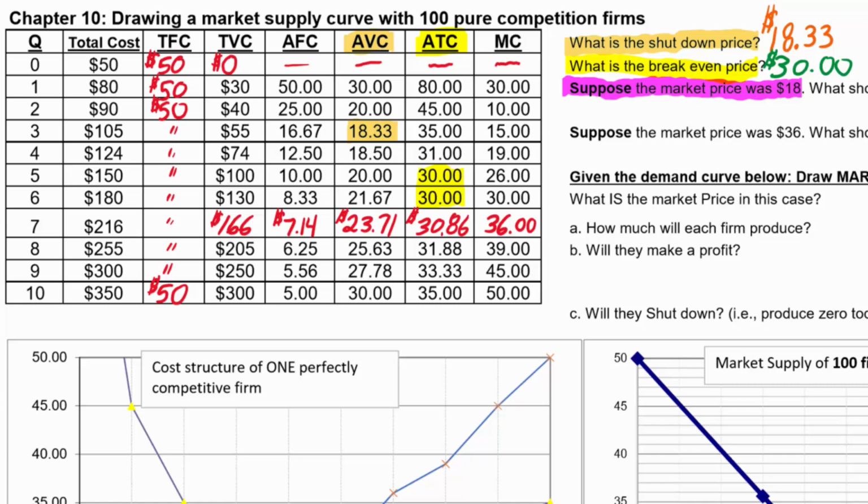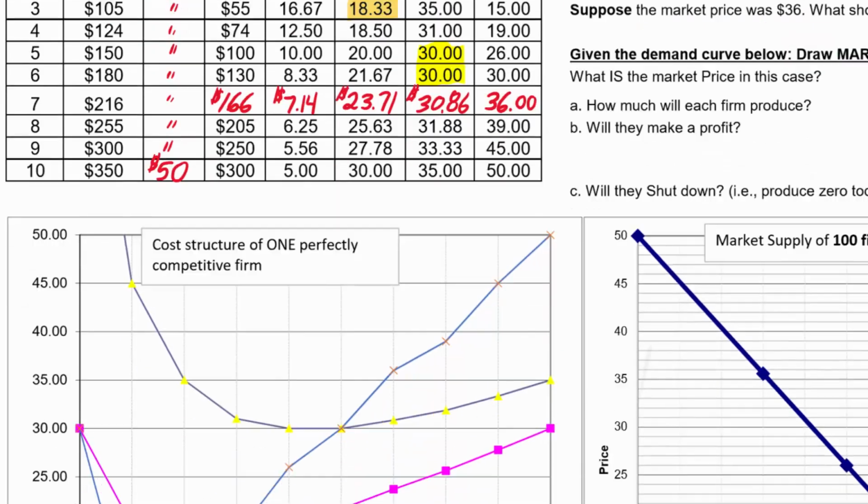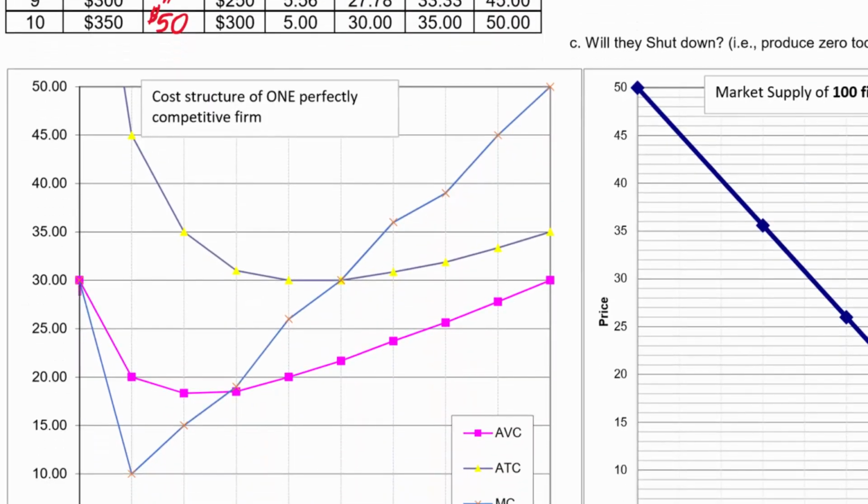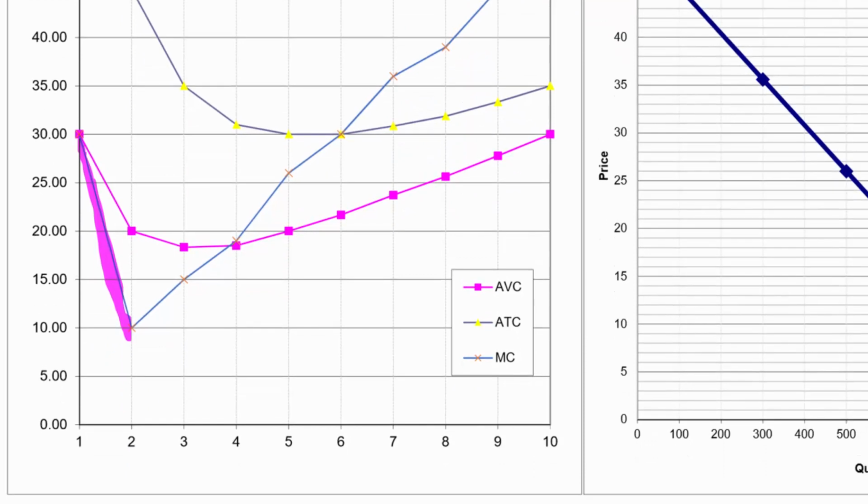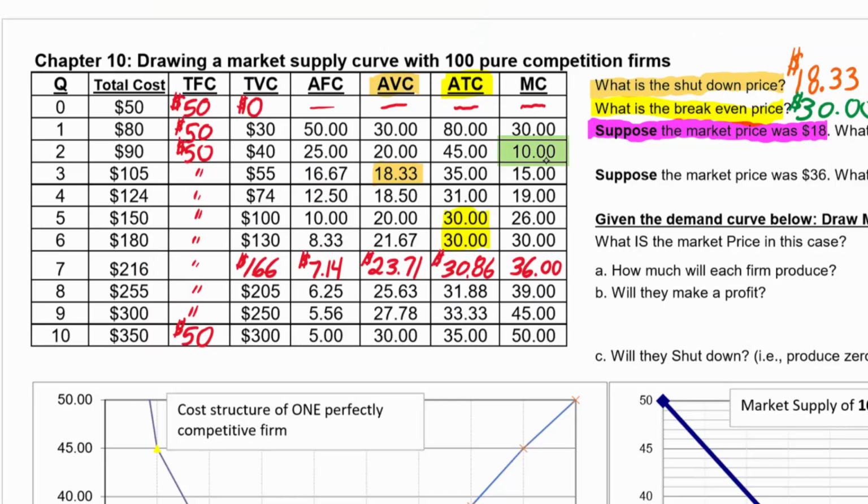The rule is to ignore the downward sloping part of the marginal cost curve, so that would be here, and start where the marginal cost curve bottoms out. Well, that's right here at the second unit, and then start asking the question. For that second unit, the marginal cost is $10. If I can sell that for $18 and it costs me $10 to produce, should I produce it?